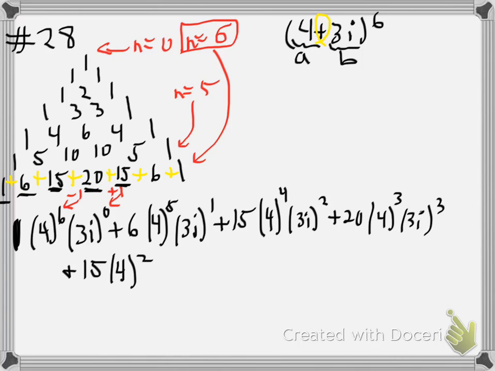So it goes 6, 5, 4, 3, 2. And then I'm counting up for the i, 3i to the 4th. And then we're going to go 6 times 4 to the 1st, 3i to the 5th.